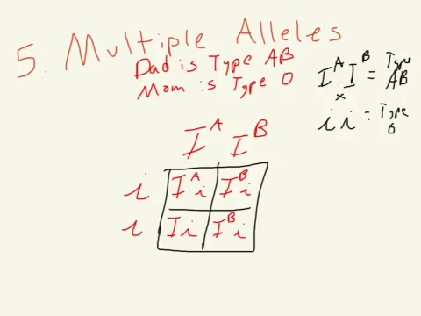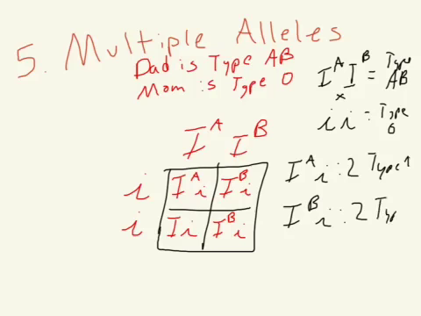So in this case, we only have 2 options. We have type A blood and type B blood. And we have 2 of each. So if we wrote that out in genotypic ratio, that is that. And then if we wrote out the phenotype, we just write 2 type A and 2 type B.